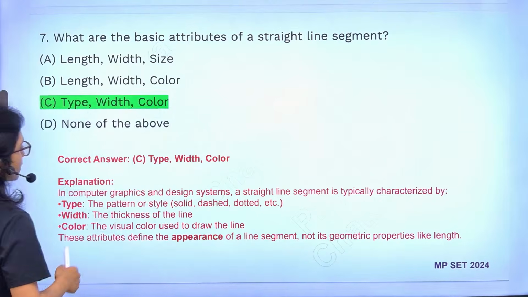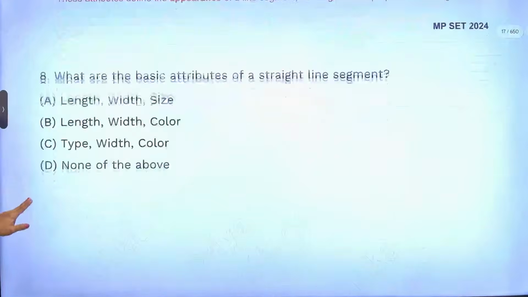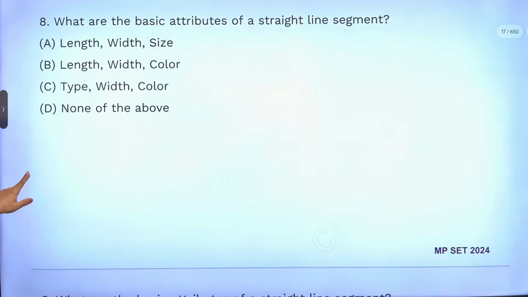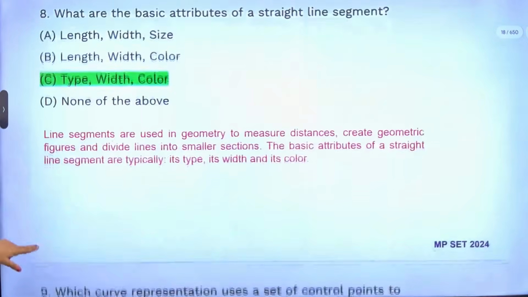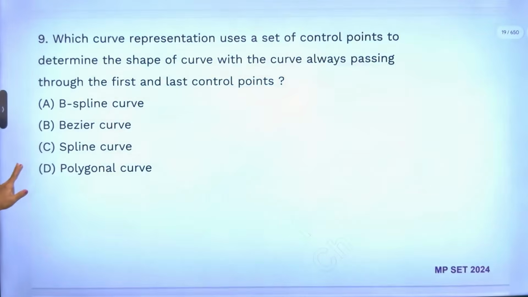Type means the pattern or style, that is solid, dashed or dotted. Width means thickness, and color is what color I am going to use. So option C is the correct answer.